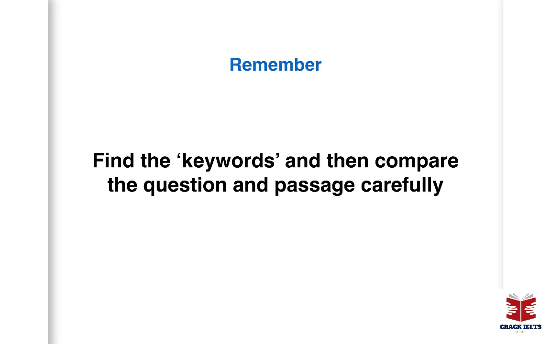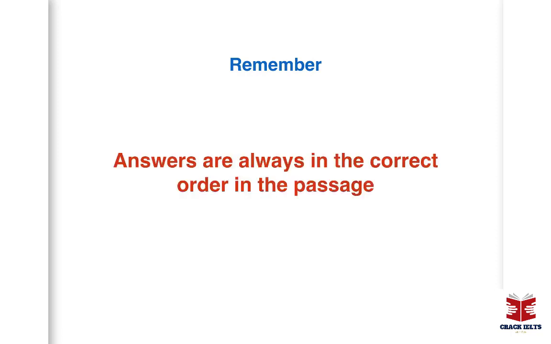The other thing that I have mentioned before is the answers are always in the correct order in the passage for these type of questions. If you have a section about true, false, not given or yes, no, not given, you should be confident that the answers will be in the order in the passage. That really helps you. You don't have to go back to the beginning for each question.